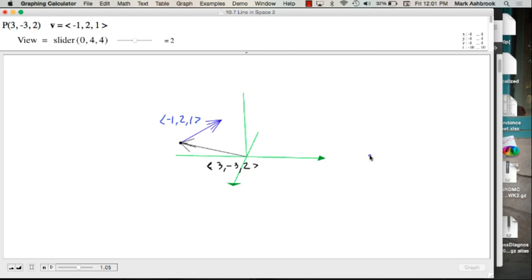Because it'd be the vector sum of that standard position vector for the point and the direction vector. If we add them together, that gives us a point. So we think about this as generating points on the line as vector addition, the sum of those two. And so what vector is that? 2, -1, 3, right?